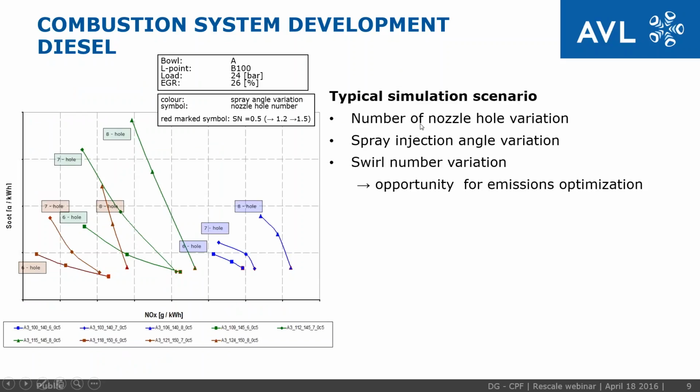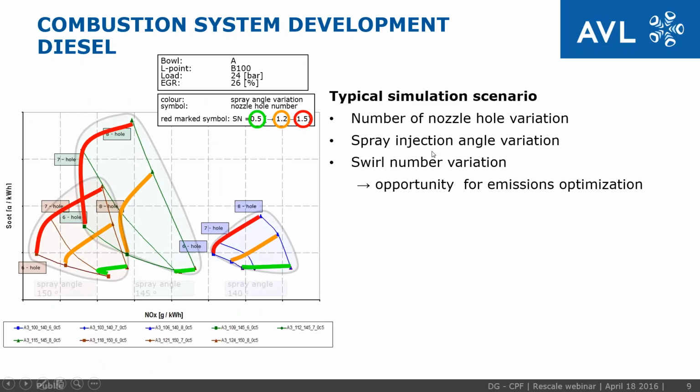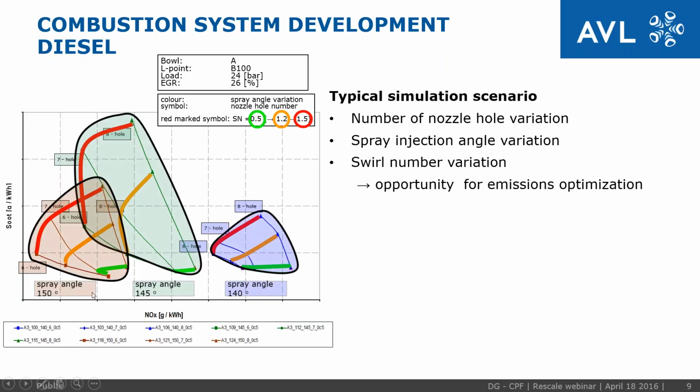An example here shows different combinations of operating parameters. So this is a typical scenario for different nozzles. So we have three different spray angles. By spray angle, we mean the angle between the spray holes on the tip of the injector.